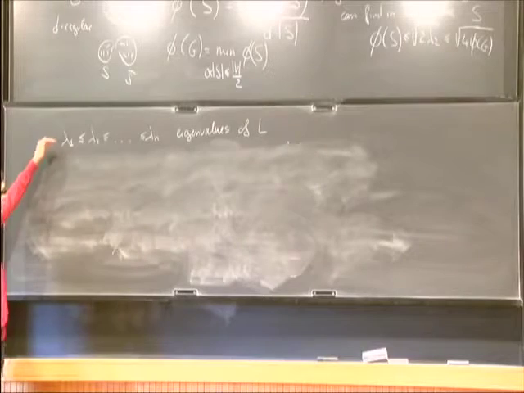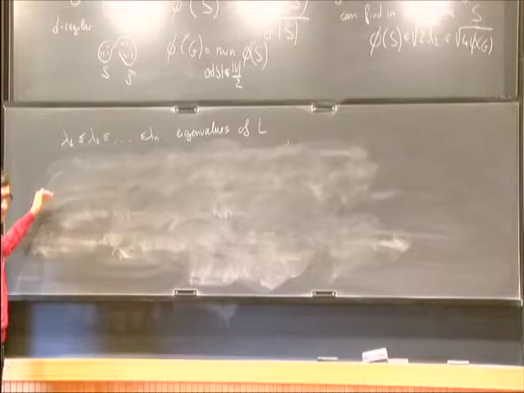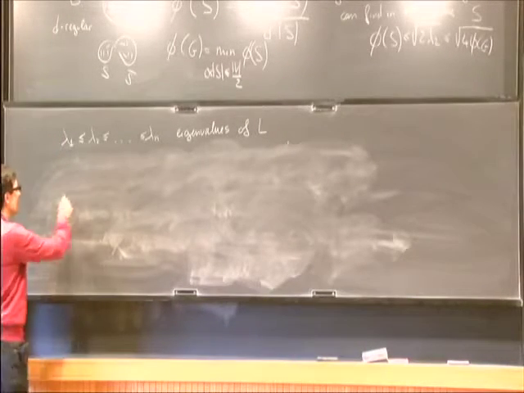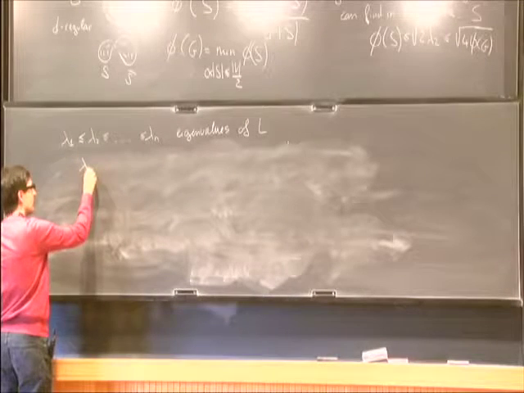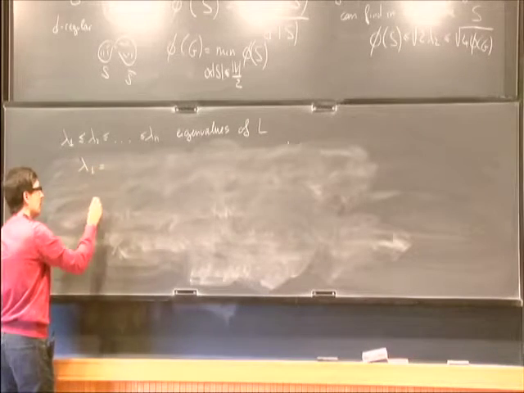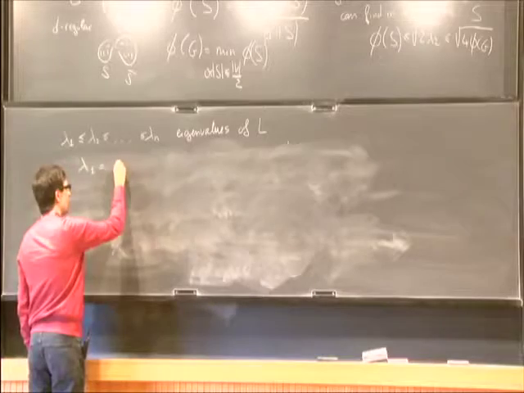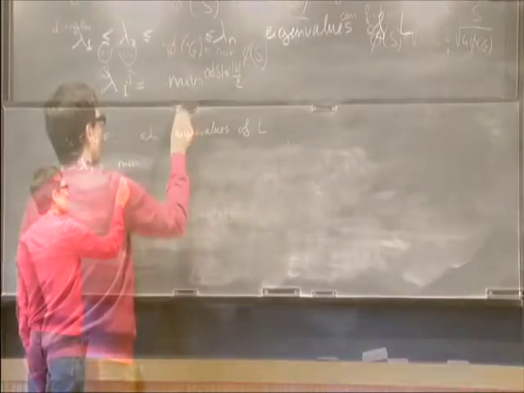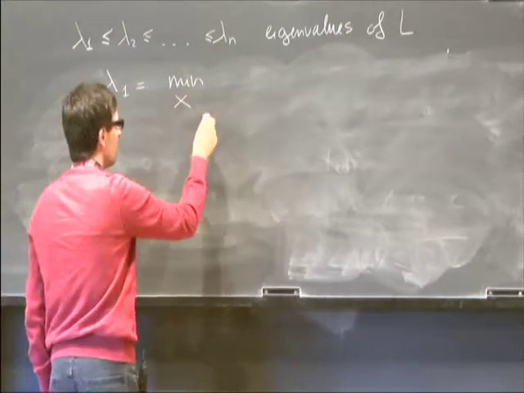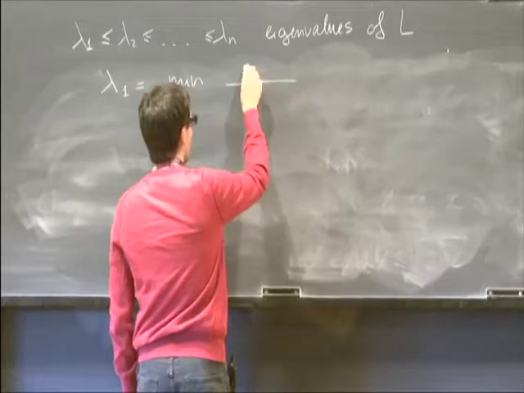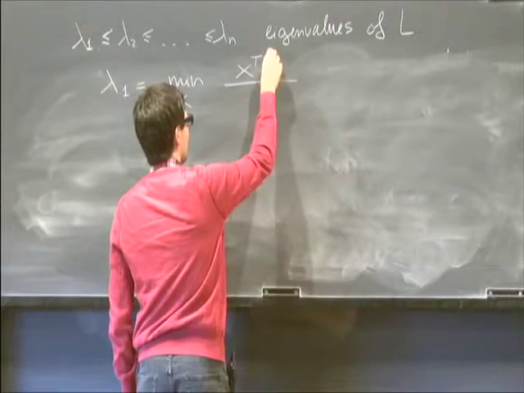Okay, so let's see how one computes the eigenvalues of a real symmetric matrix. The smallest eigenvalue of a real symmetric matrix is the minimum over all non-zero vectors of this normalized quadratic form.